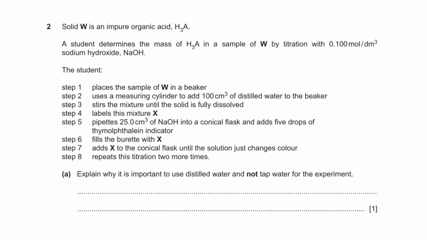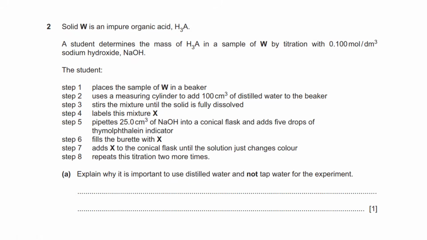So moving ahead, part 2, question number 2, it says a solid W is an impure organic acid, call it H3A. The student determines the mass of H3A in a sample of W by titration with 0.1 mole per decimeter cube of sodium hydroxide, NaOH.